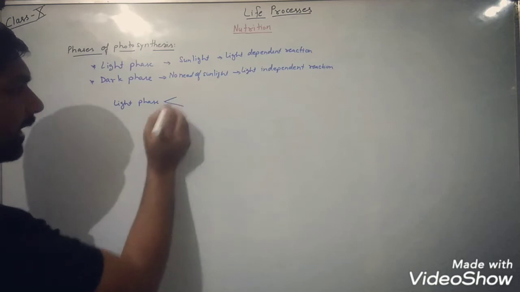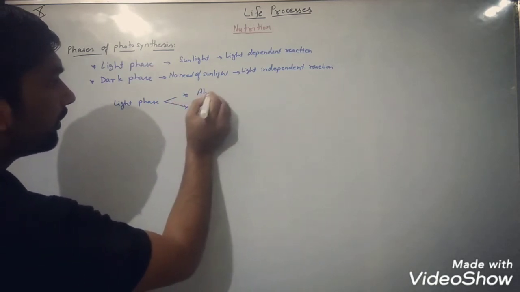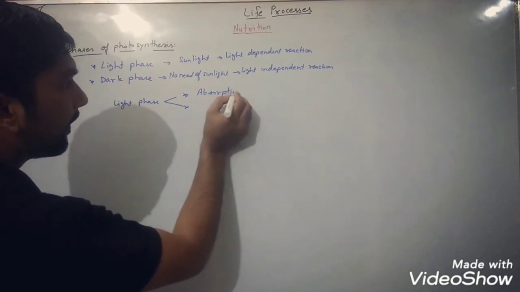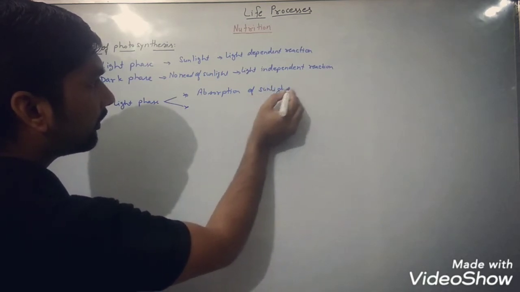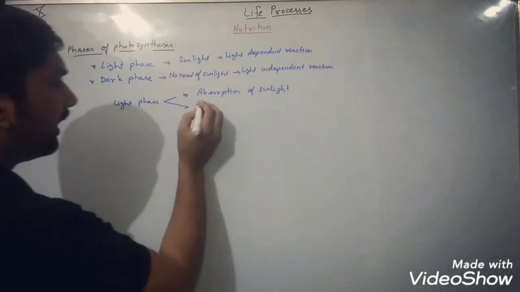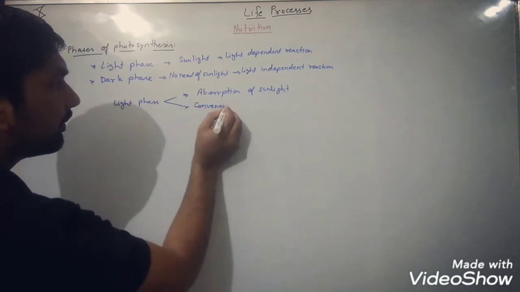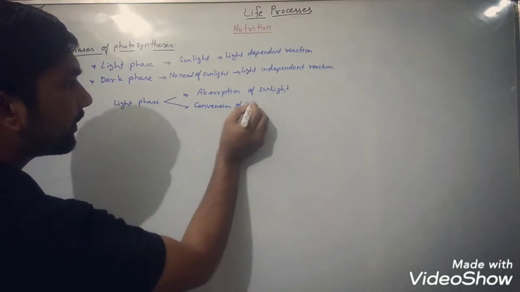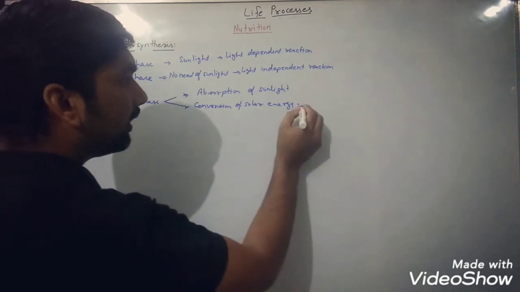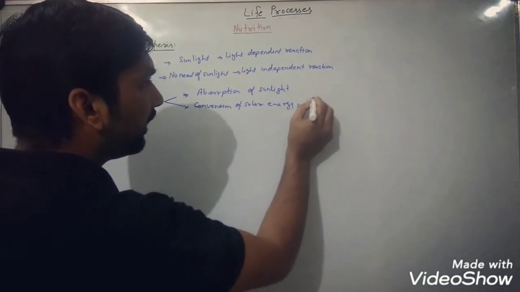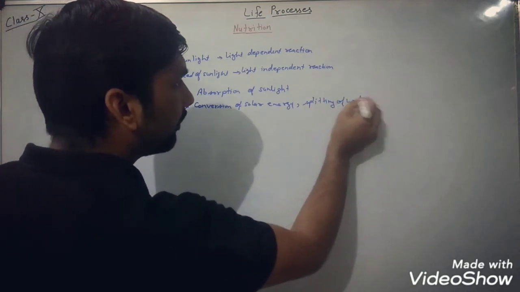During the light phase, what is happening there? The first event is the absorption of sunlight, and the second one is the conversion of solar energy, as well as splitting of water molecules.